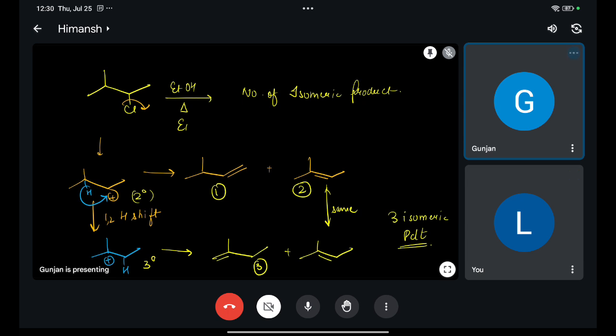Although the amount is very little, yes, this first structure is formed. There is a probability of forming the structure. Ma'am, but even if this hydrogen shifts to that, again this bond is shifted to the next carbon, we are saying, ma'am.